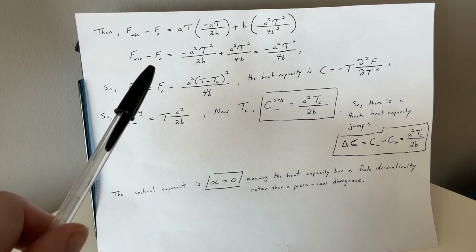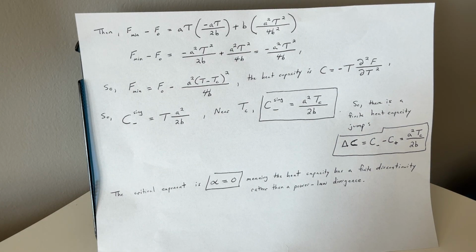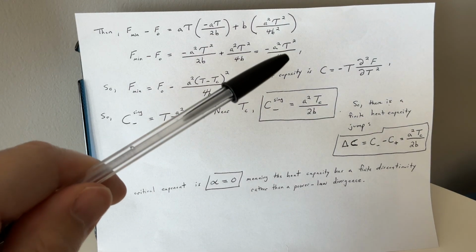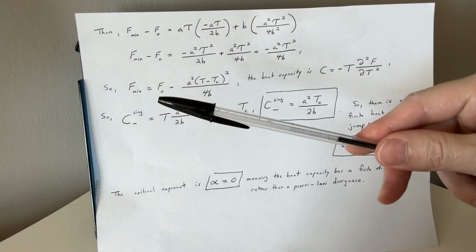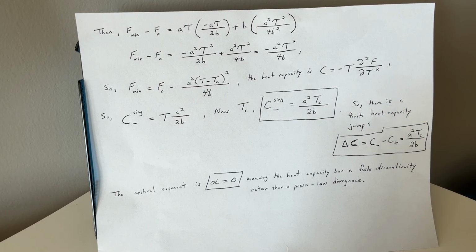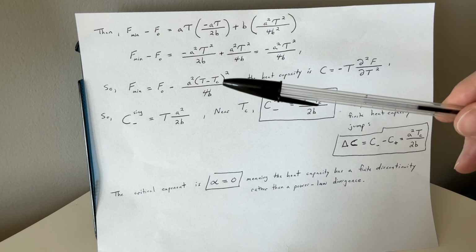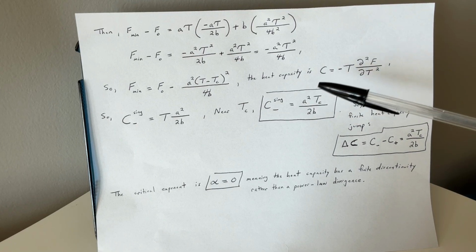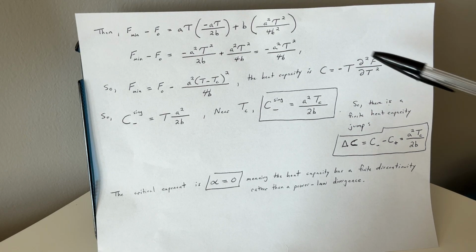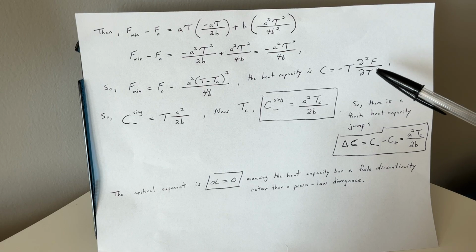And then F sub min minus F naught equals negative A squared tau squared over 2B plus A squared tau squared over 4B, equals negative A squared tau squared over 4B. So F sub min equals F naught minus A squared times the quantity T minus T sub C squared over 4B. And the heat capacity is C equals minus T times the second partial derivative of F with respect to T.